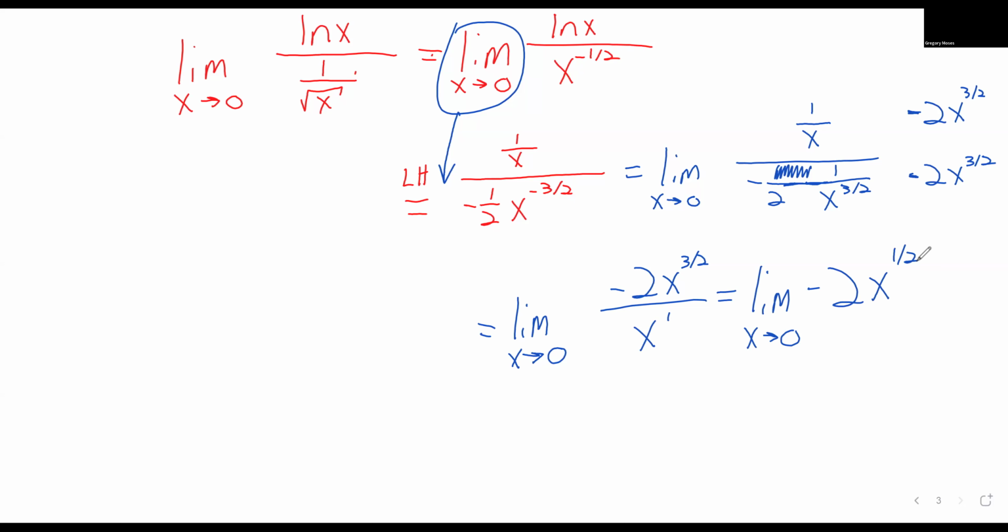Hopefully we remember that if we have a power of x in the top and the bottom, we subtract them. So 3/2 minus 2/2 is 1/2, and this is then equal to 0. We can use continuity. We can just plug 0 in now and get the limit.